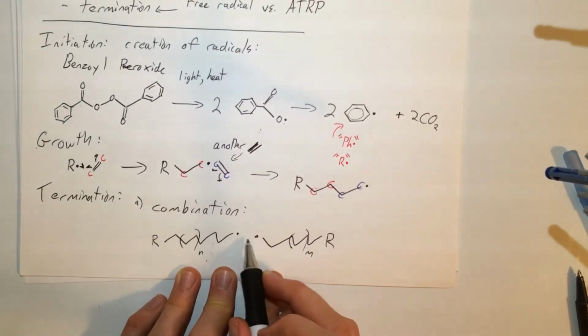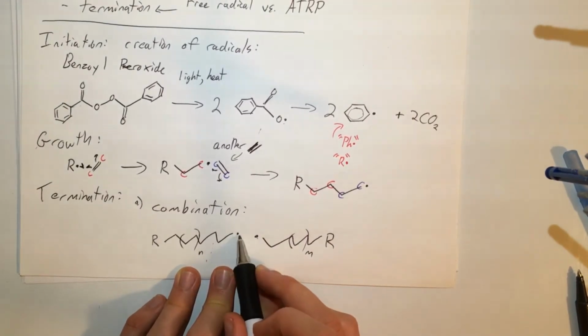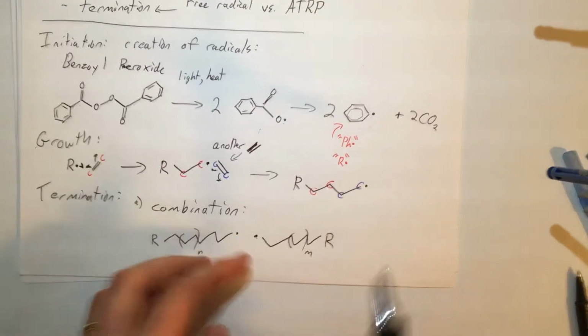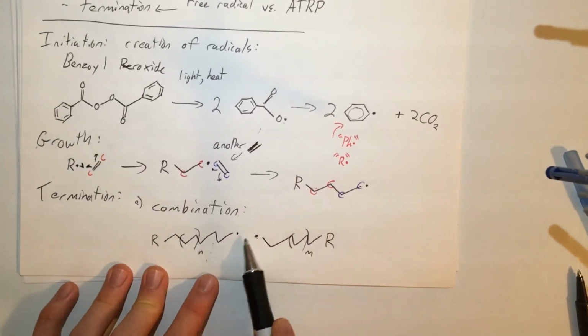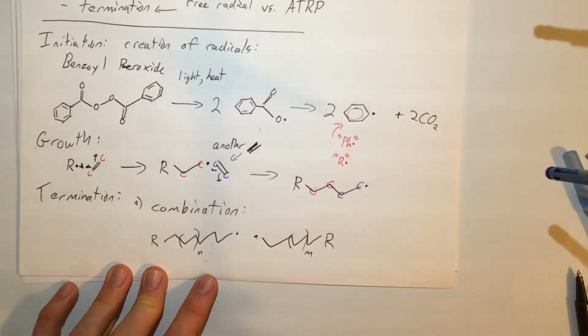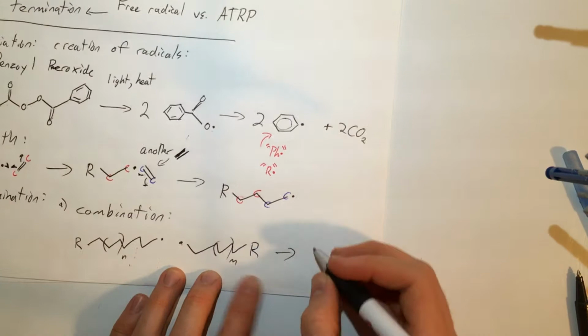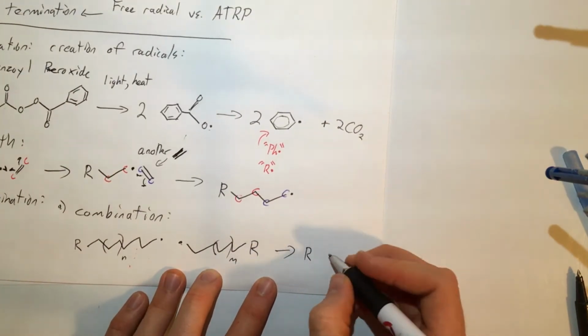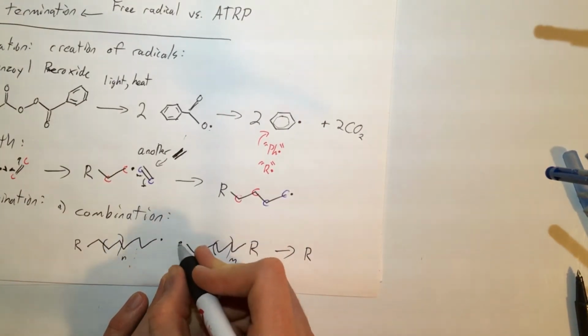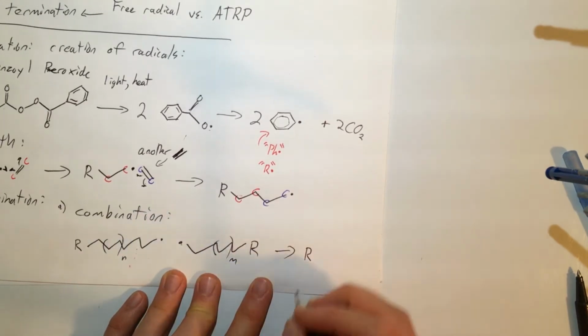These two unpaired electrons, if they're brought close to each other, say, hey, I'll anthropomorphize them, I'll say, hey, we would like to connect with one another. What happens when we connect with one another? Well, they end up just becoming a single bond between these two carbons associated with them.